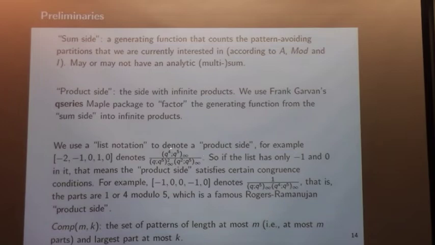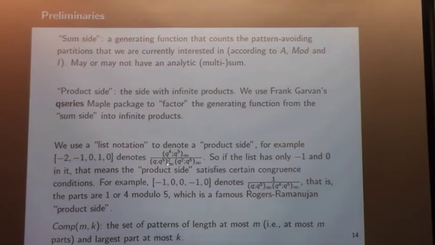Remember, this is a q-Pochhammer symbol. There are 5 things in this list, so we're considering mod 5. After the semicolon, we have q to the 5 everywhere. The minus signs correspond to things in the denominator, positive things are in the numerator.